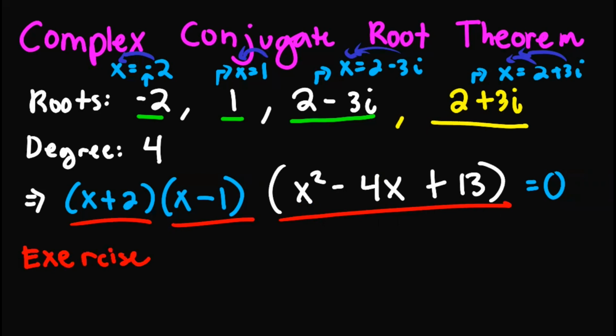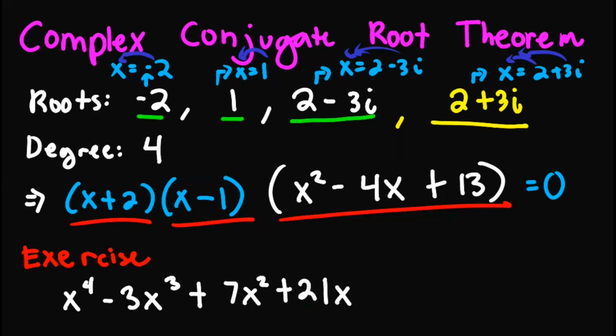And you can verify that multiplying all these would result to x raised to 4 minus 3x cubed plus 7x squared plus 21x minus 26 equals 0. If you don't know how to multiply polynomials, you may check out my video on multiplication of polynomials the general way.